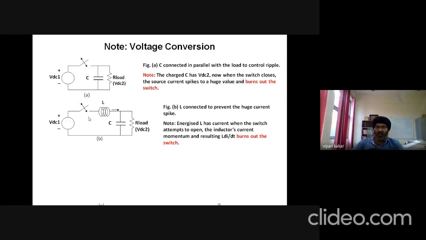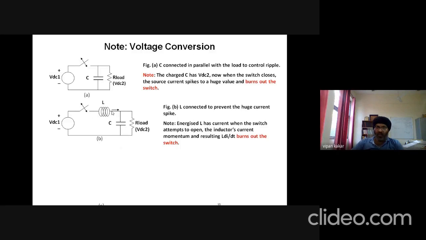But on the other hand, when the switch tries to open, because let's say when we want to turn off the switch, during turn on, this inductor comes to the rescue. We have seen that. But what happens when the switch now tries to open?